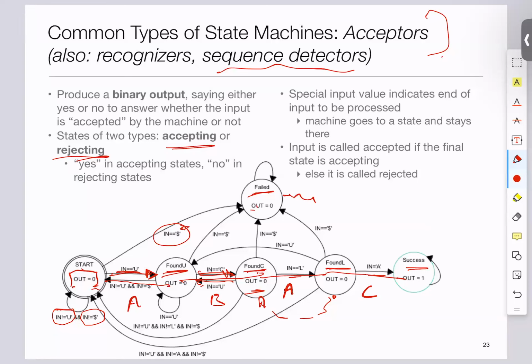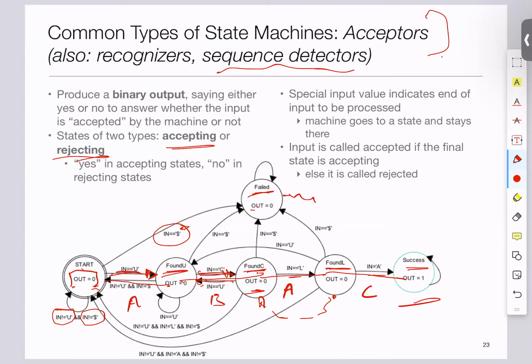Okay, so you can think of these things as dividing strings of arbitrary length into two categories: strings we like, the pass strings, and the strings we fail. I can have more complicated examples. I can say anytime you see UCLA or USC or Caltech go to success, right?